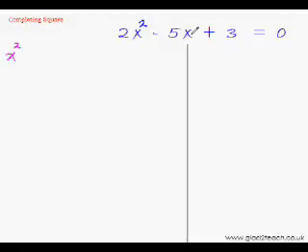And minus 5x divided by 2 will be minus 5 by 2x. And similarly, this will be plus 3 over 2 equal to 0, as 0 divided by 2 will still be 0.